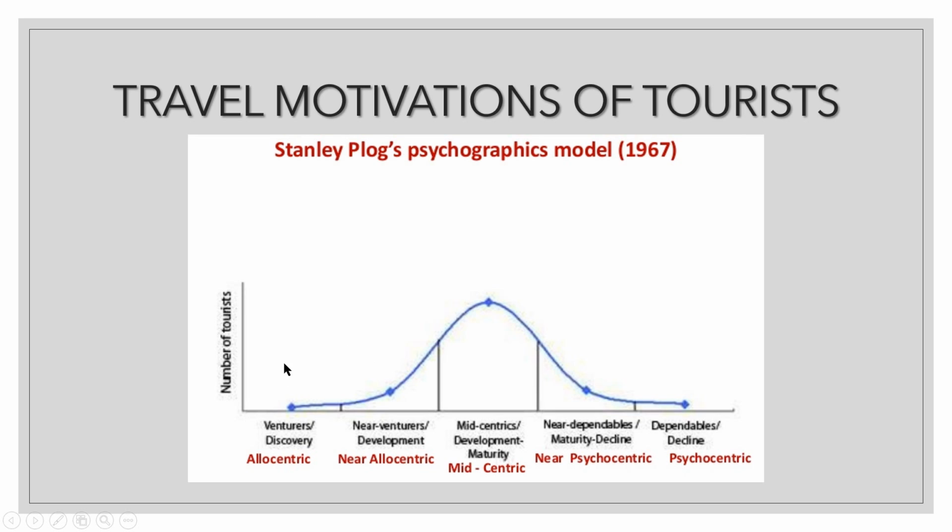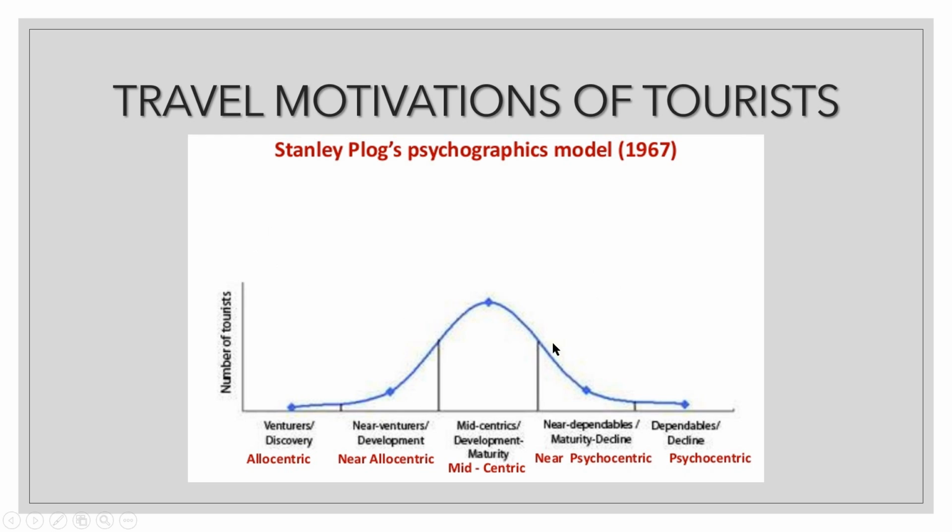If the destination is in its first stage in the life cycle, meaning it's in the stage of discovery and ventures, the first people that will be visiting that destination are allocentrics, because they are the first to discover those destinations. Next to that, in the development phase, the next people who will travel to that destination are the near allocentric.